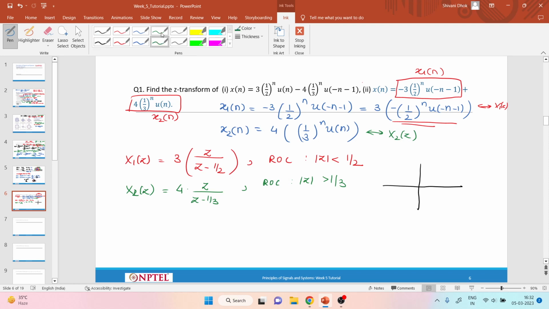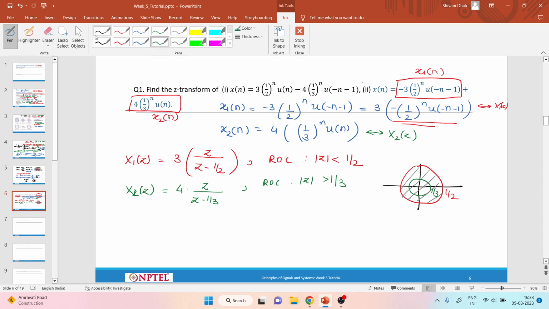So the first circle is of radius 1 by 2, and next one is of the radius 1 by 3. So the first region is magnitude of z less than 1 by 2, that is interior to the outermost circle, something like this.